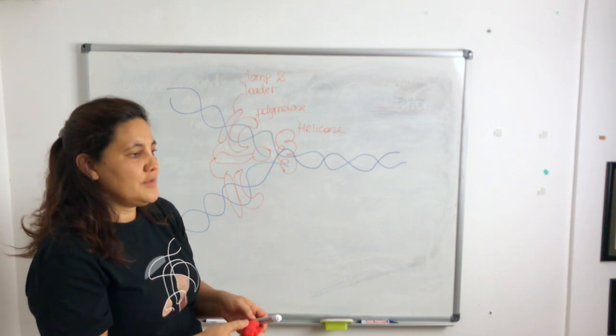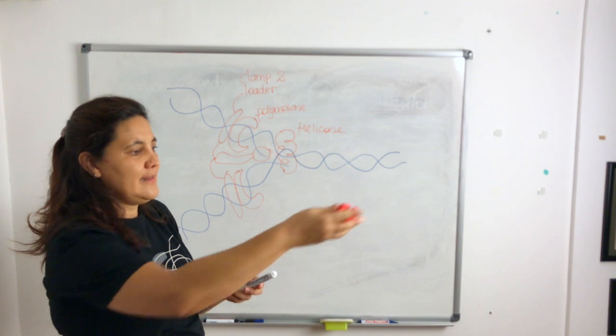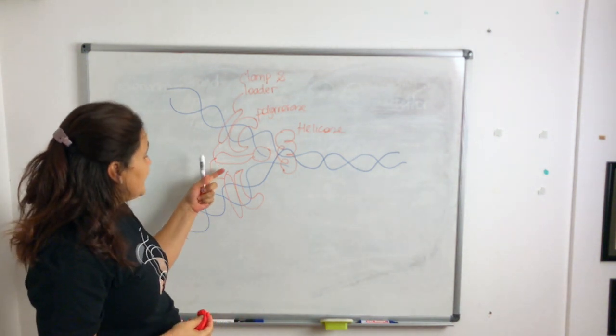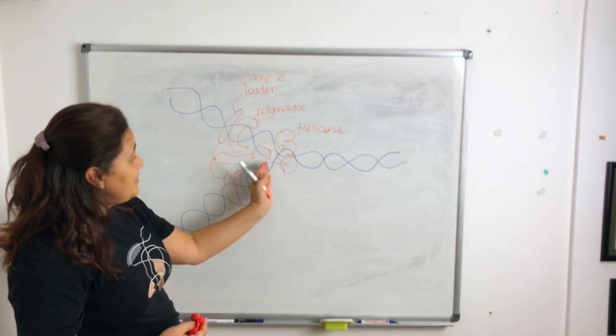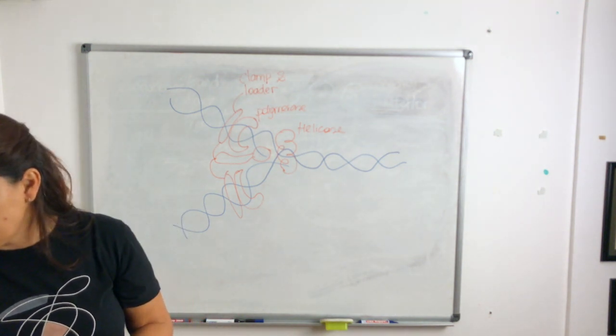Because it's a lagging strand, it goes and synthesizes again, and then again. So each time the clamp loader attaches the clamp and the polymerase to its new place. So that's the function of it.